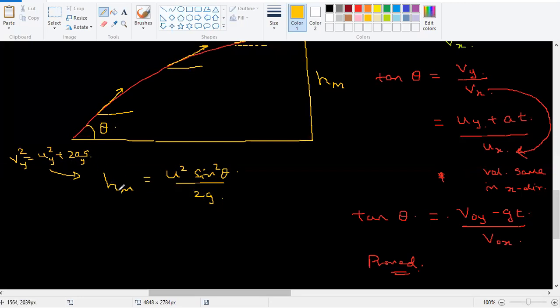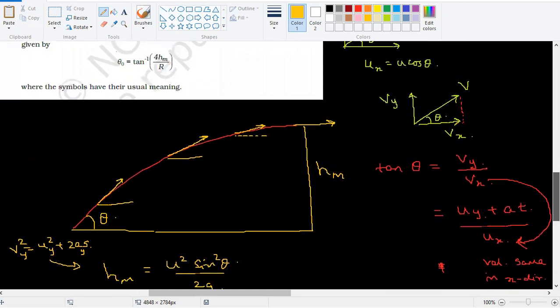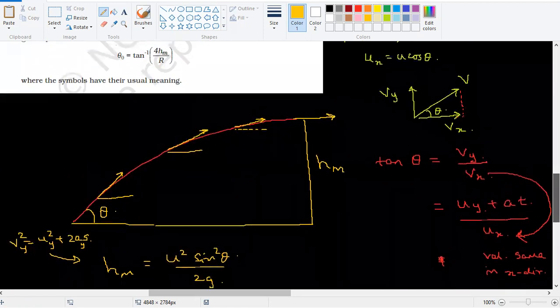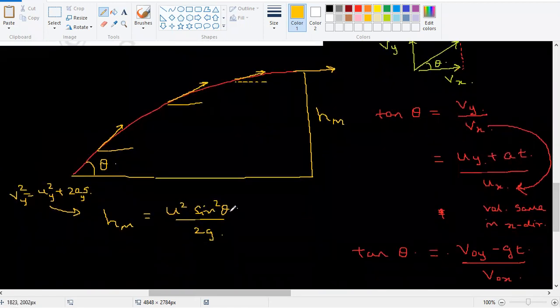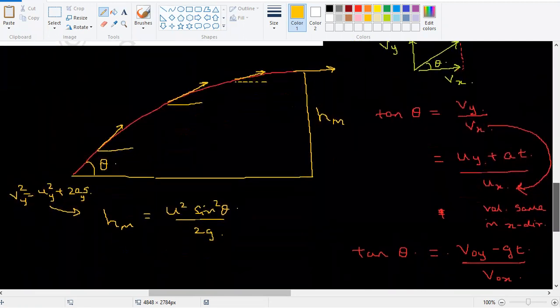That's why you will get the h max. But what am I supposed to find? Theta naught is the projection angle, so basically I'm supposed to find theta. Because it's given in terms of h max. But then they've given tan instead of sine.